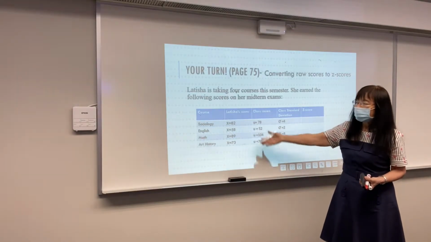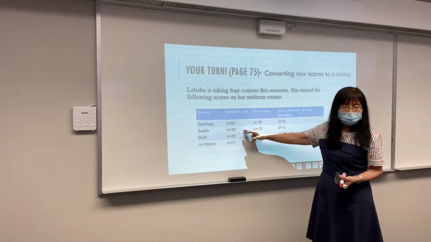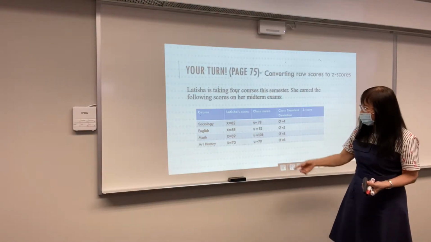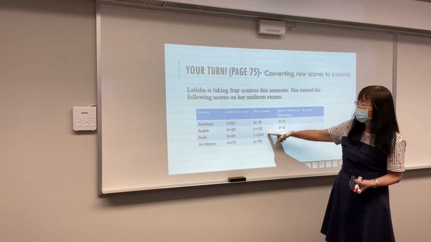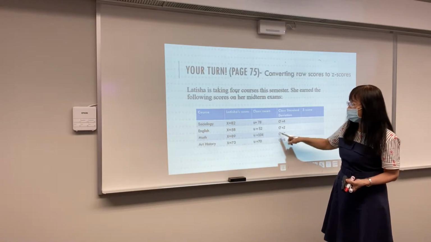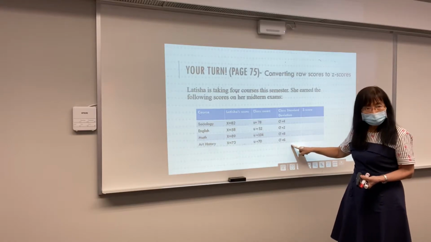Looking at these grades, her English looks the worst, 58. But let's look at the mean score for the class: 78, 52, 104, 70. The standard deviations are 4, 2, 8, 6.